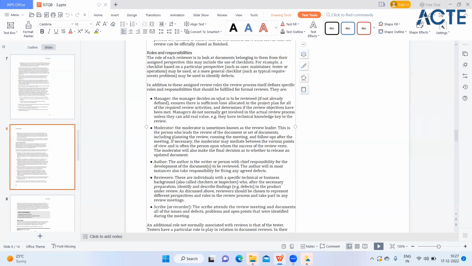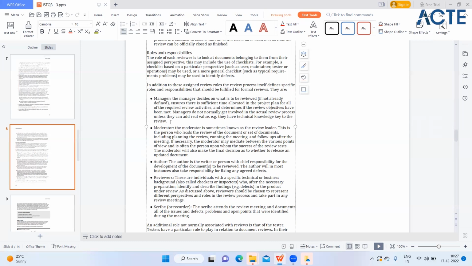The manager decides on what is to be reviewed if not already defined, ensures there is sufficient time allocated in the project plan for all of the required review activities, and determines if the review objectives have been met. Managers do not normally get involved in the actual review process unless they can add real value, for example, they have technical knowledge key to the review. The manager is like the project manager in a real scenario.